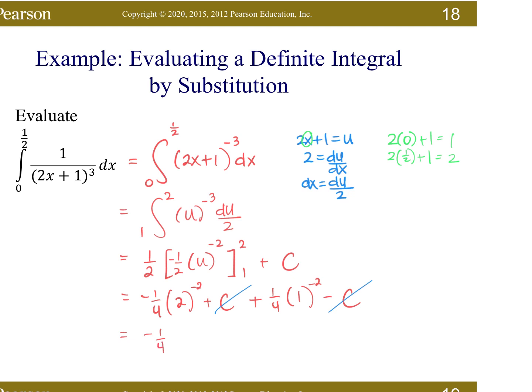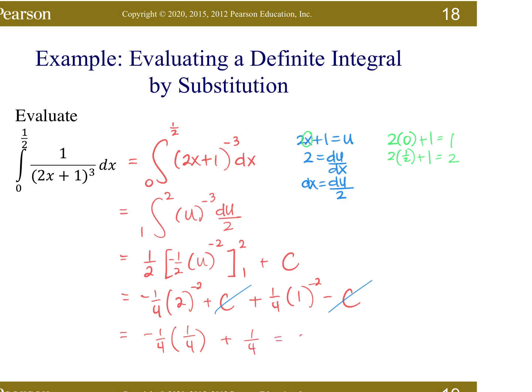So I have -1/4 times, and what is 2 to the negative 2? Is that a negative number? No. What does it mean? It's a fraction. So it's not a negative number, it's a fraction. What fraction? 1/4. Okay, and then plus the other 1/4.